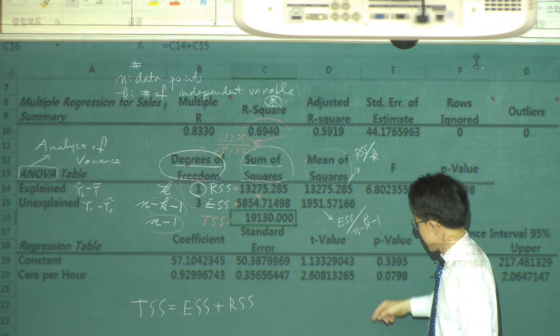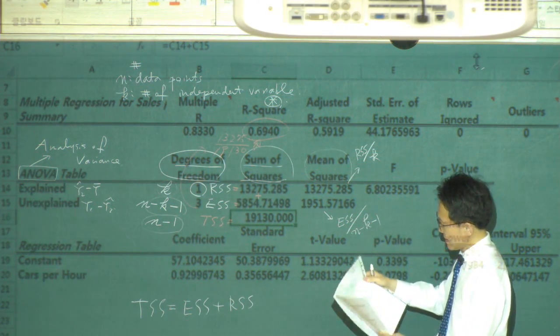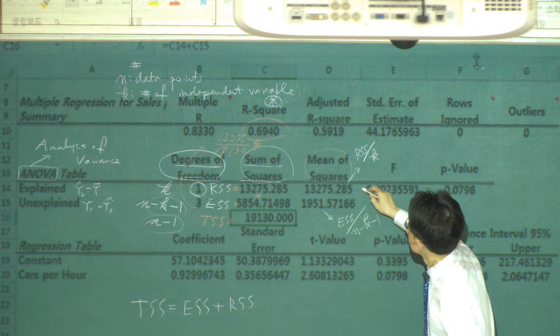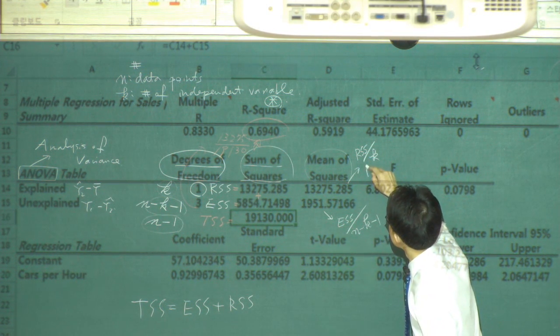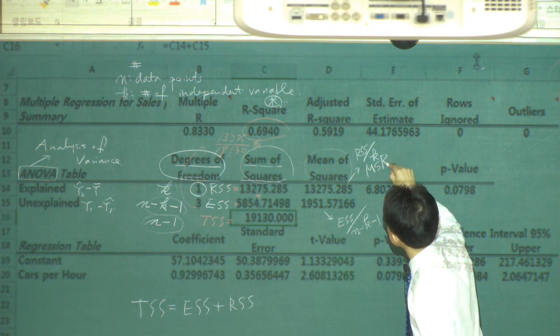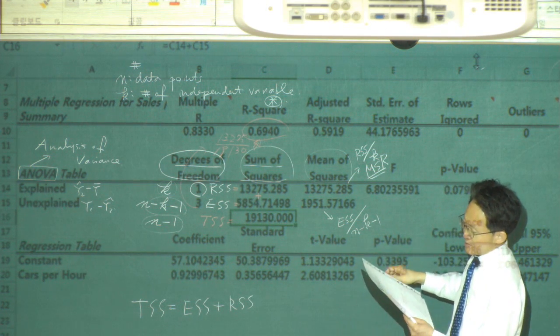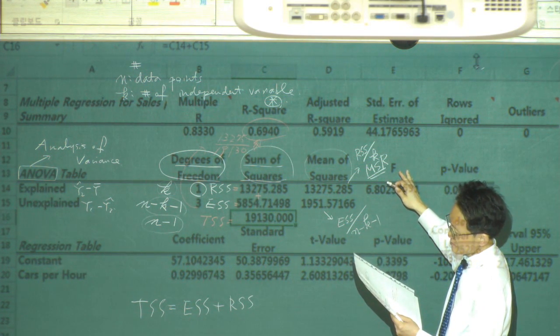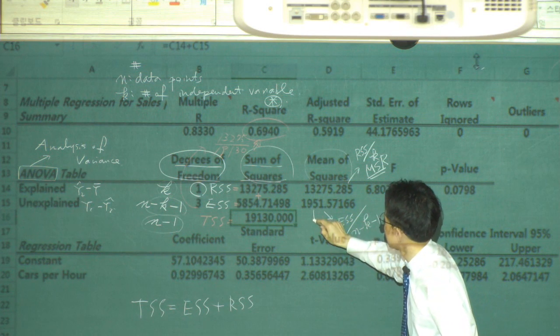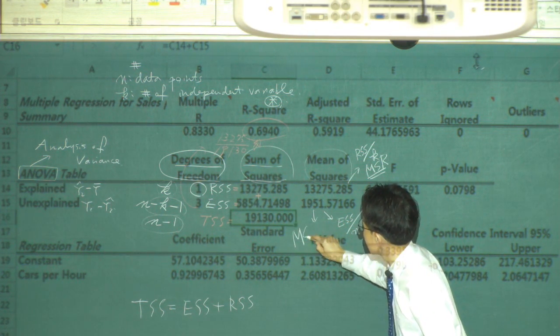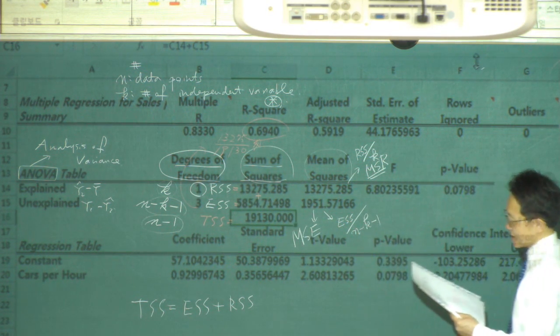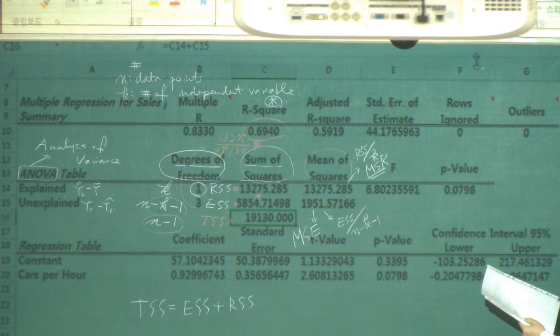Sometimes we express these as MSR, the mean sum of regression, and MSE, the mean value of sum of errors.